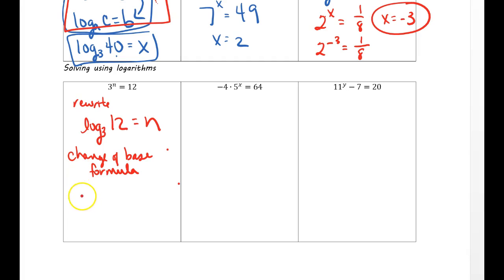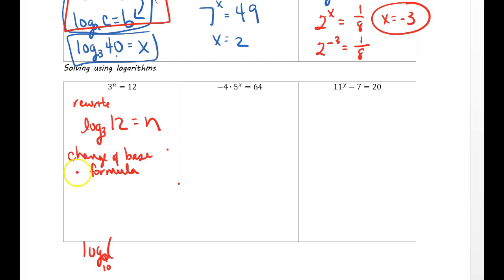And please don't write this down. Notice there's no base 3, and we need it to say base 3. Your calculator automatically does a base 10 every single time. So you can't just hit the log button.